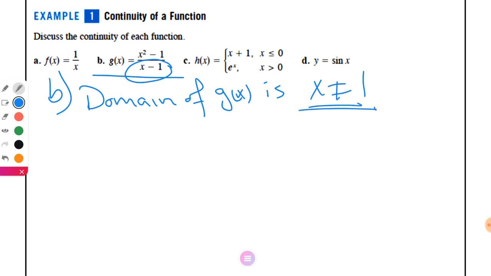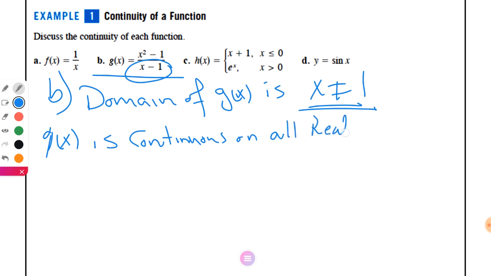Other than this value of x, the function is defined. Here, g of x is continuous on all real numbers except x equal what? 1.